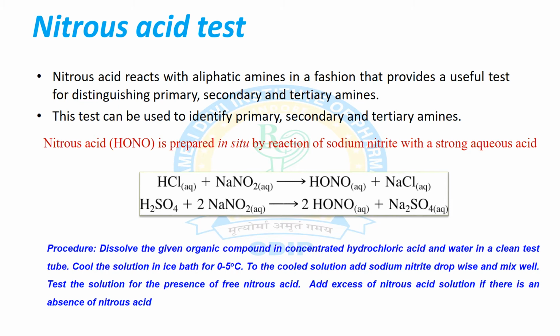Now test the solution for the presence of free nitrous acid. Add excess of nitrous acid solution if there is an absence of nitrous acid. Then observe the conditions in the test tubes. On the basis of the observation, we can determine whether it is a primary, secondary or tertiary amine.